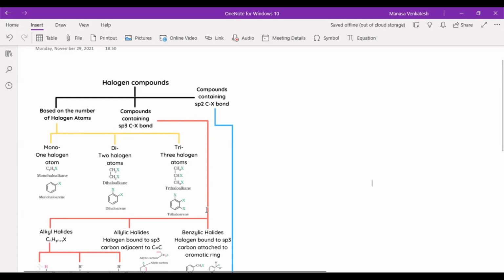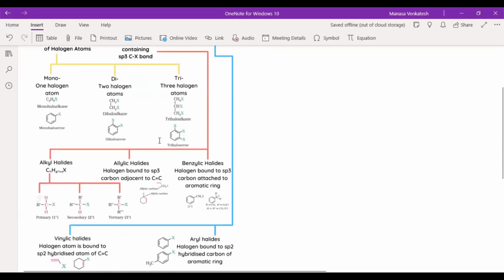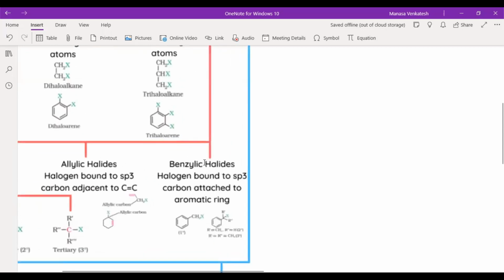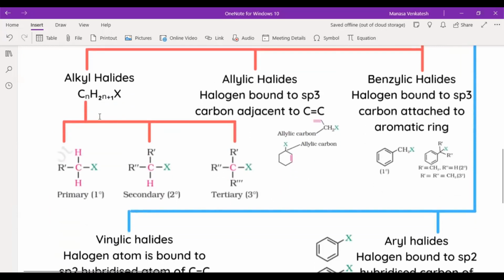The second one is compounds that contain an sp3 C-X bond. In case of an sp3 C-X bond, we have them classified as alkyl halides, allylic halides, and benzylic halides. Let me just zoom in a little. An alkyl halide has the general formula CnH2n+1X.